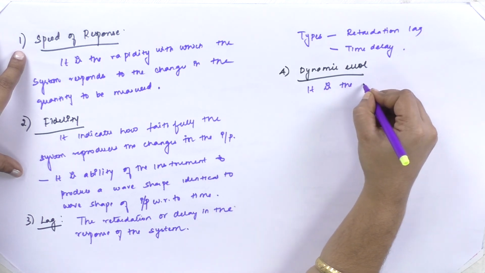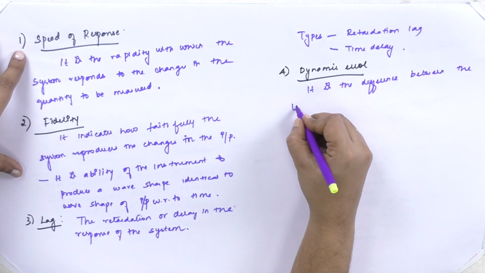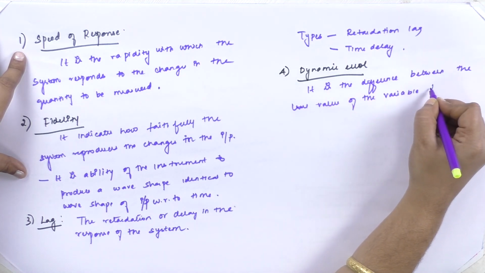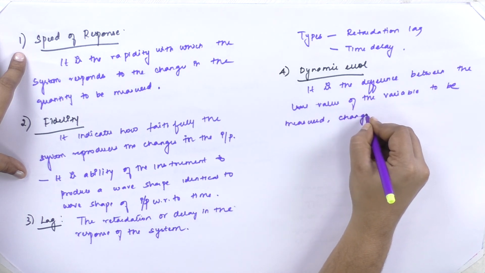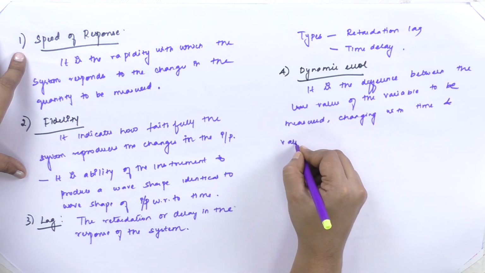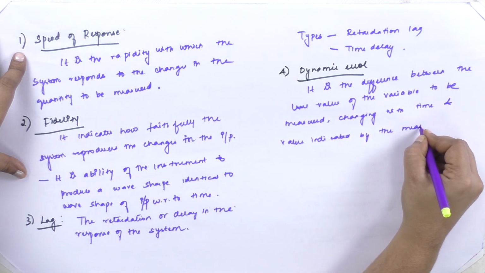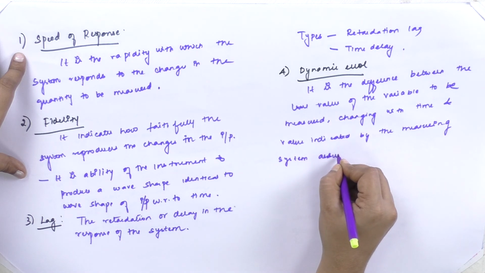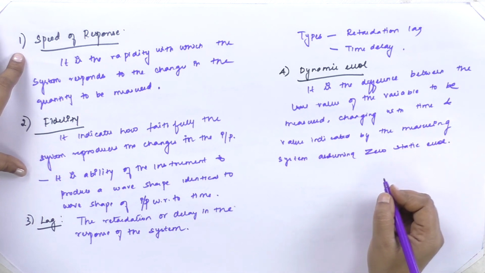It is the difference between the true value of the variable to be measured, changing with time, and the value indicated by the measuring system, assuming zero static error.